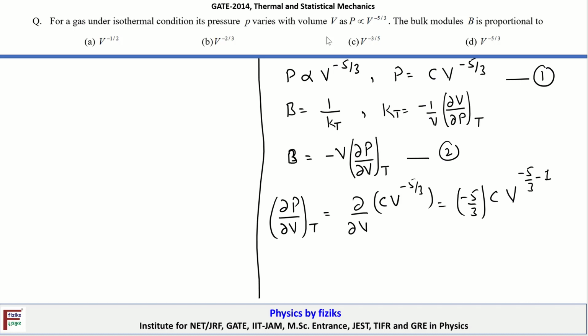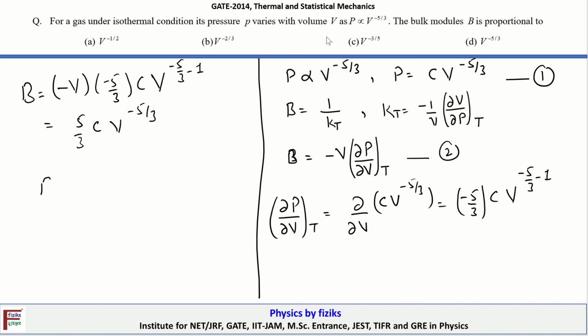Therefore B, the bulk modulus, is equal to minus V into dP by dV, that is, multiplied by minus 5/3 C V power minus 5/3 minus 1, so that is equal to 5/3 C V power minus 5/3.